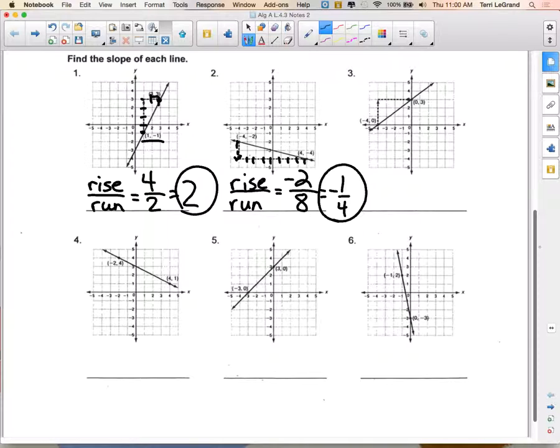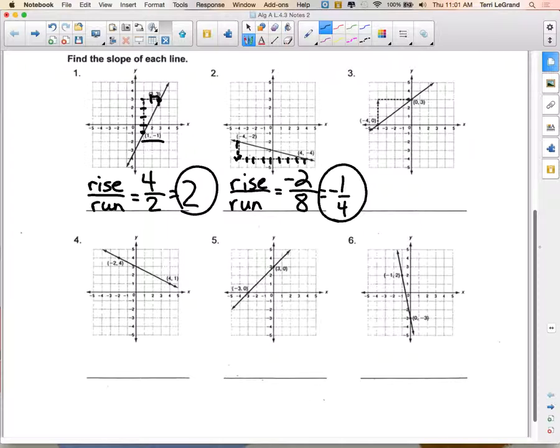It should be rising from left to right. Is it? Yes, okay. If you end up with a negative slope, what should be the behavior of the line? It should be falling from left to right. Is it? Yeah, it is.